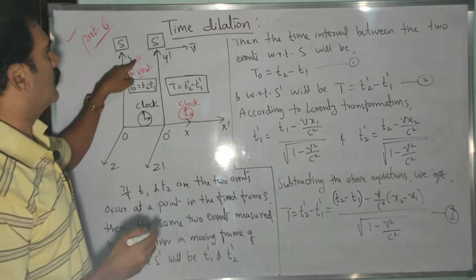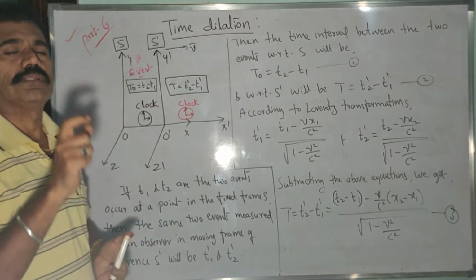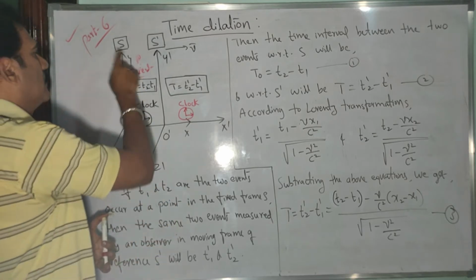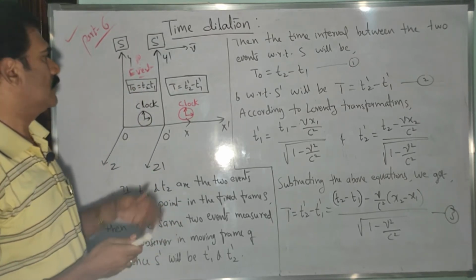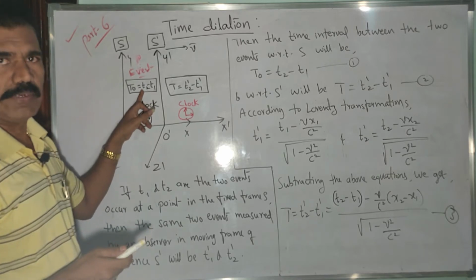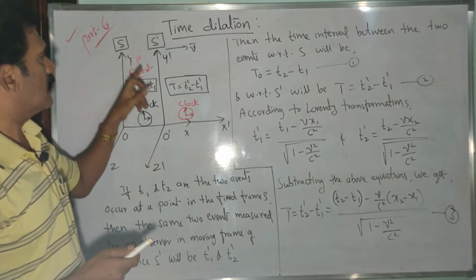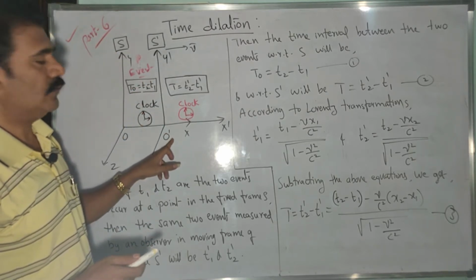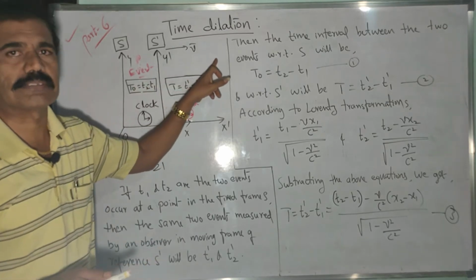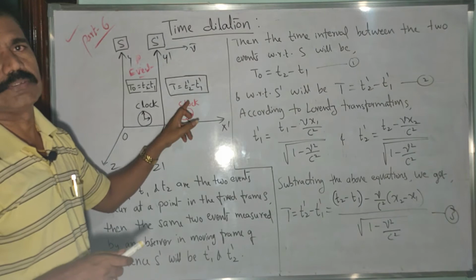Now at the particular point P, the time difference between the two events can be measured as T1 and T2 with respect to frame of reference S. And similarly, the same two events are measured by an observer O dash, who is moving with the frame of reference S dash. The times measured are T1 dash and T2 dash.